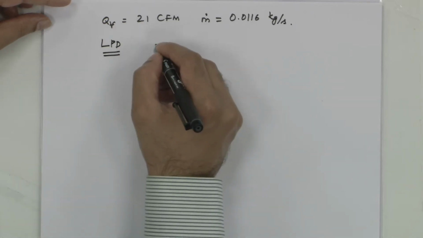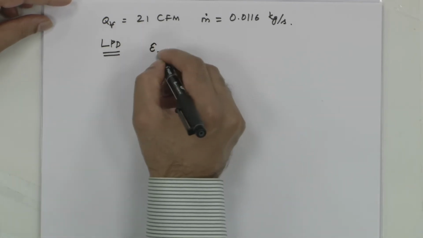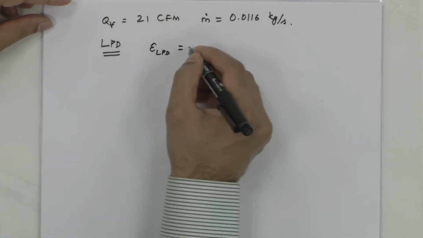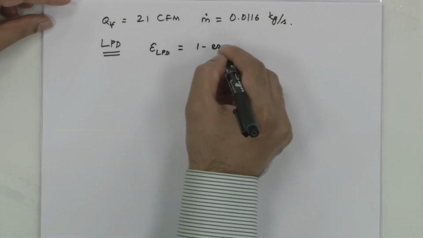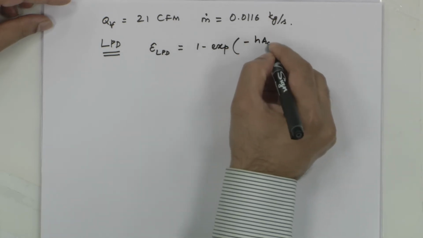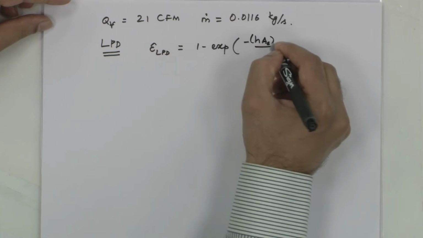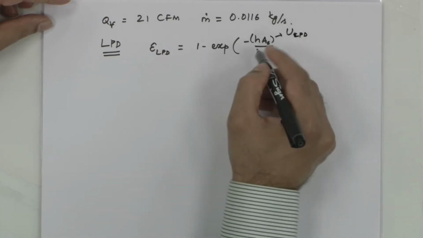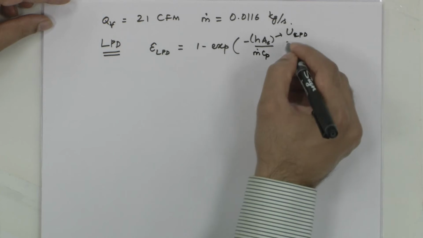The effectiveness of the low power device can be calculated. The effectiveness of the heat sink that is sitting on the low power device is nothing but 1 minus exponential of minus hA, which is the UA of the low power device that is given in the problem, over m dot Cp.